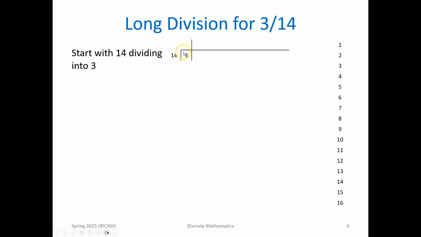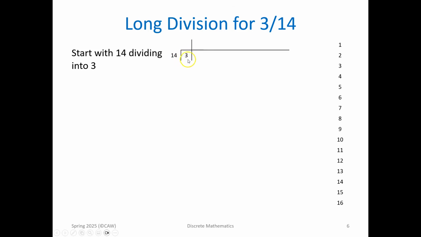On the left we have the 14, that's the divisor, and the 3 inside is the dividend. This vertical line I've put here says that the decimal point starts there. That's just to keep that in our mind.